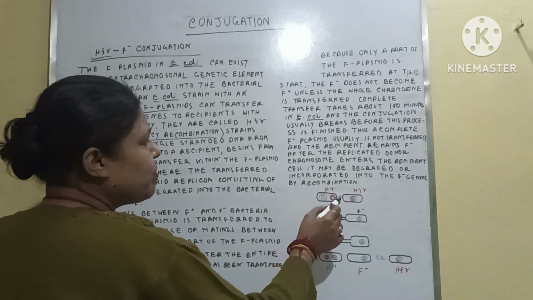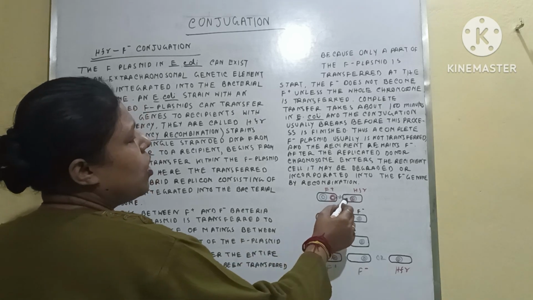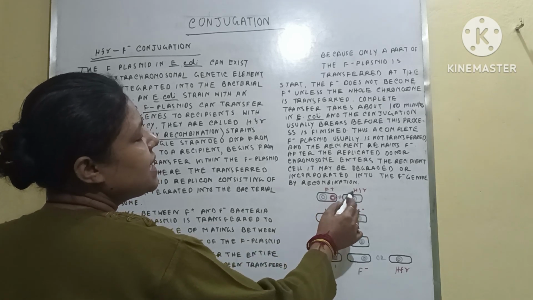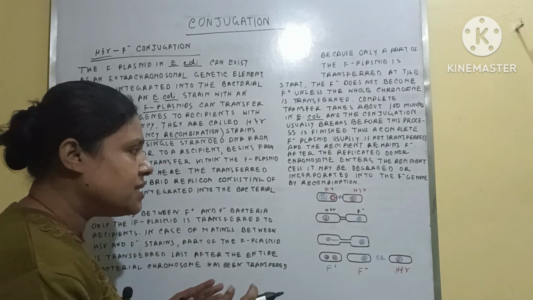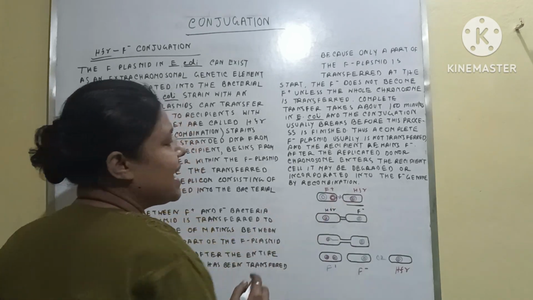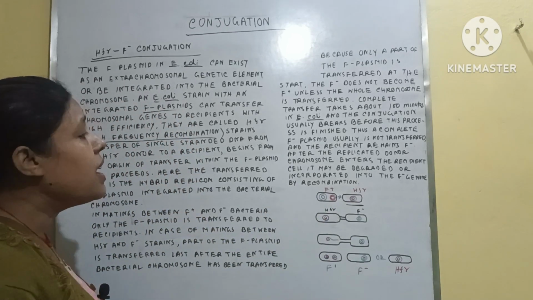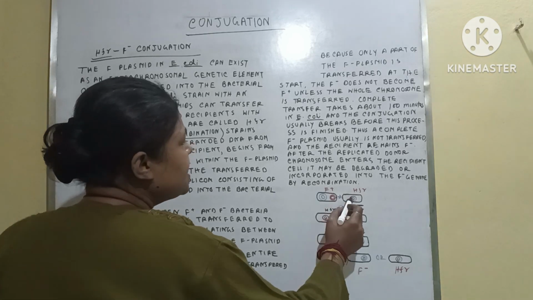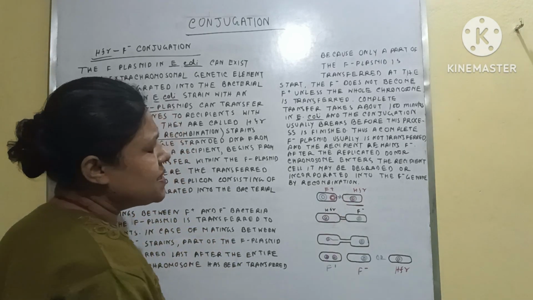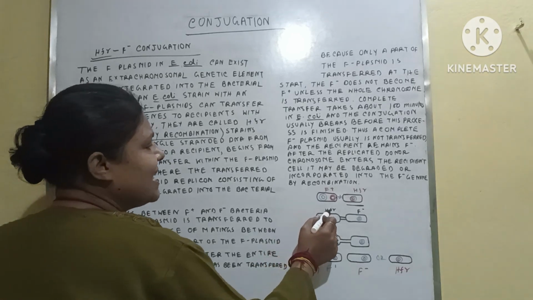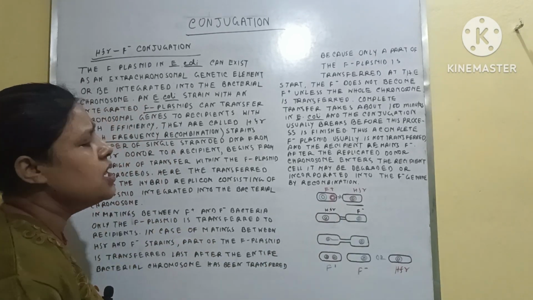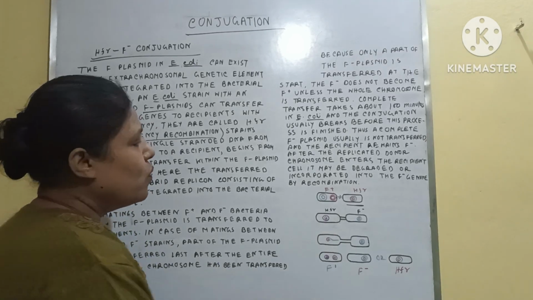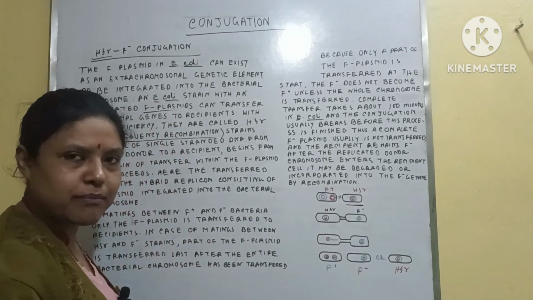By the process of recombination, the high frequency recombinant DNA is formed, and this situation is known as HFR bacteria or high efficiency bacteria. When conjugation occurs between the HFR and F minus, this recombinant DNA is transferred into the F minus bacteria.